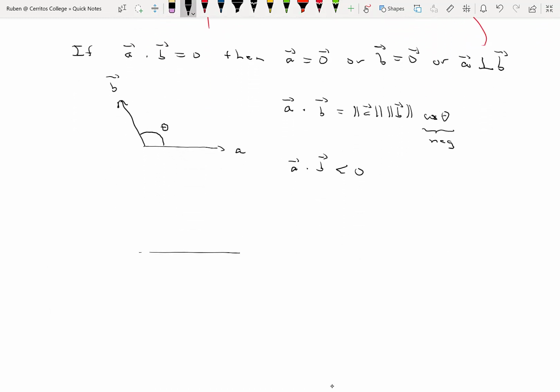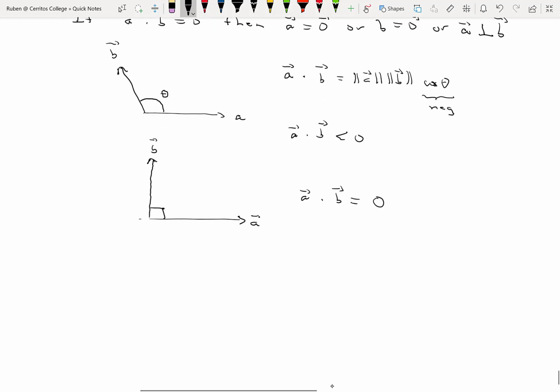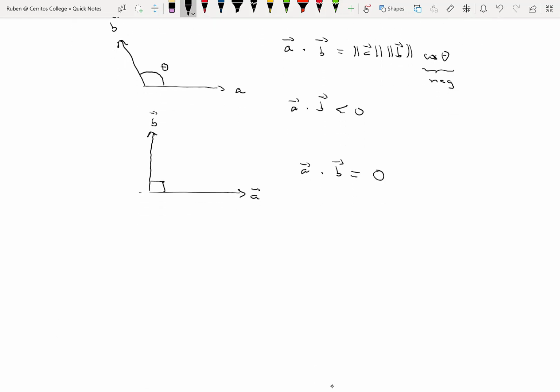So what can you tell me about A dot B now? I think you get this one right away. I'm assuming that the angle is 90 degrees, so A dot B is 0. Okay, it doesn't look like 90 the way I've drawn it, but it's supposed to be a 90 degree angle.